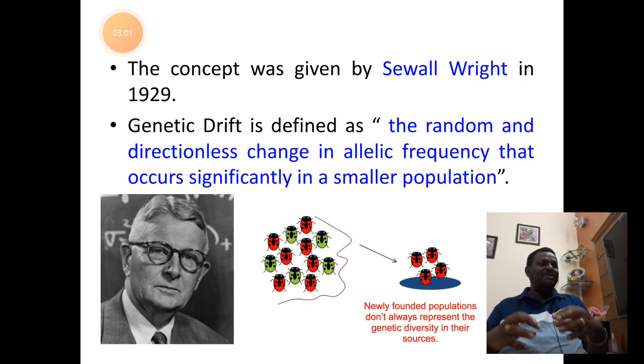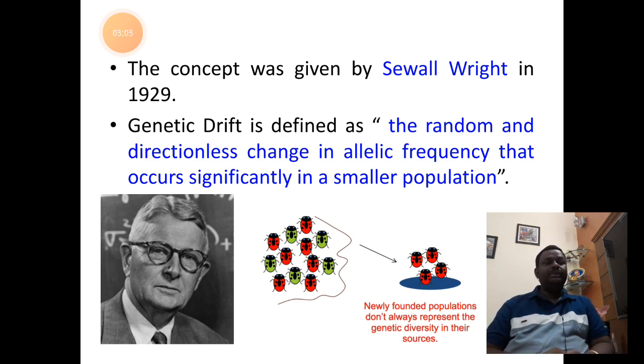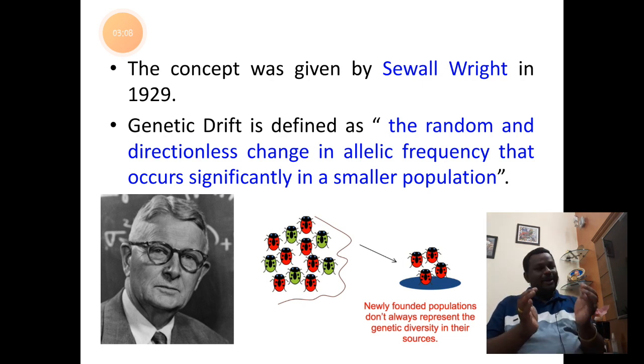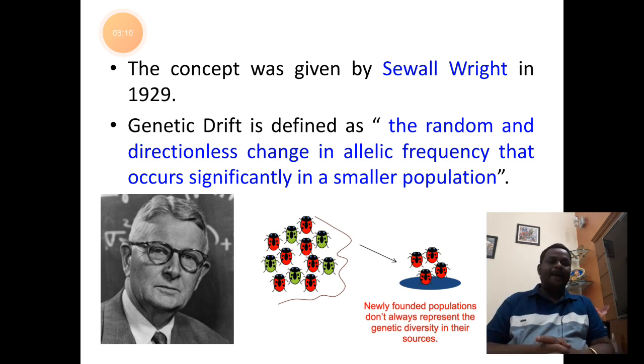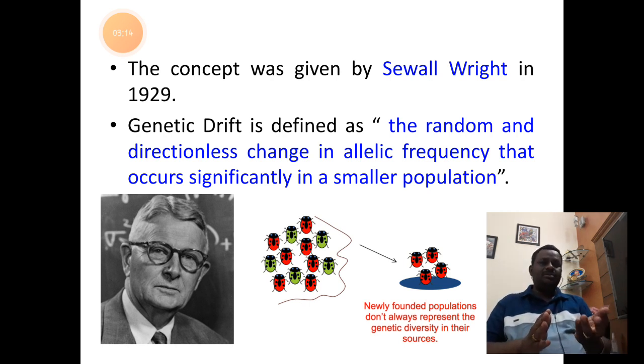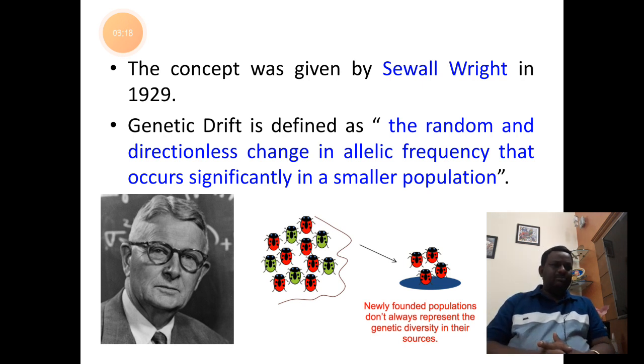Students, let me explain the definition here now. A small population of a particular geographical area will show sudden change in the frequency of alleles randomly. So this change in allele frequency of a small population is due to two important conditions.